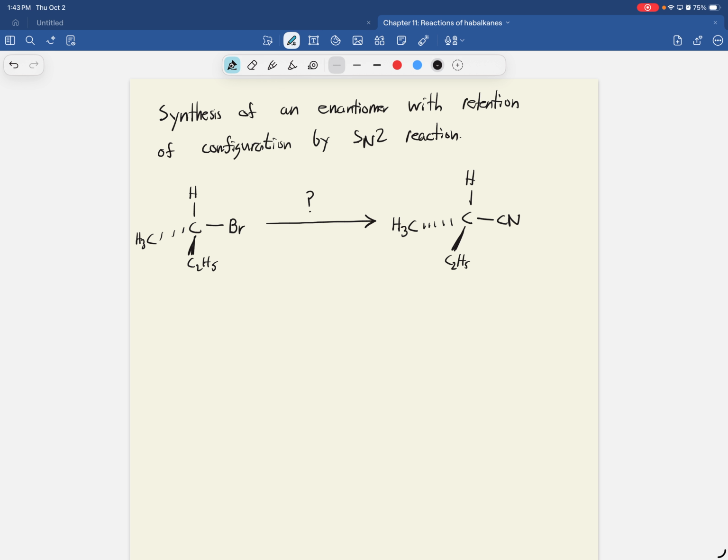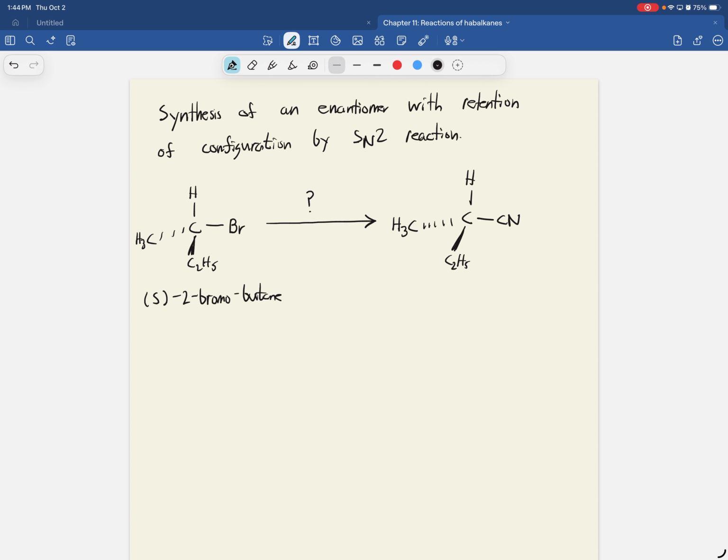No, because what happens to the stereocenter each time I do an SN2 reaction? It becomes the opposite, right? So if it's R, it goes to S. So that won't work. So right now, if we assign the configuration, this is S-2-bromobutane.